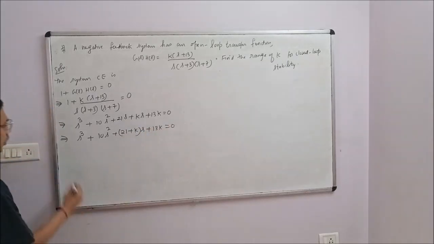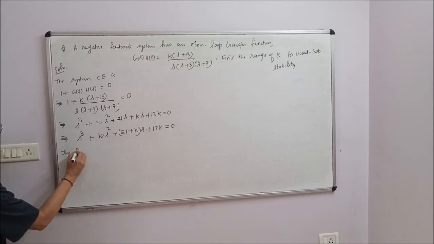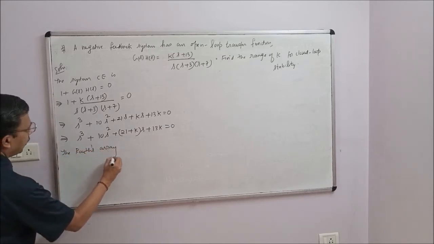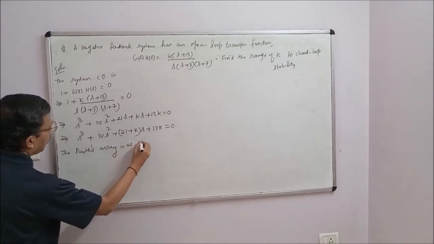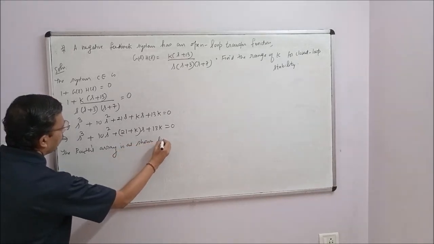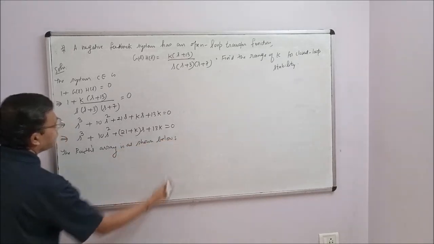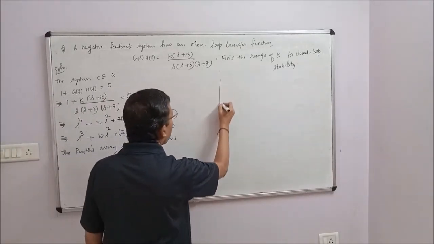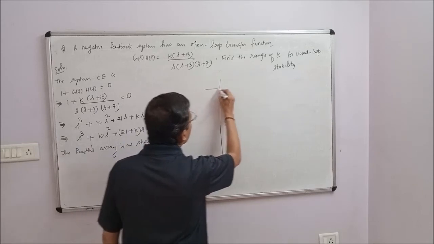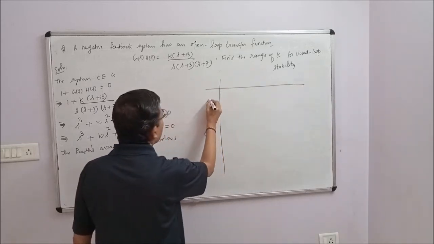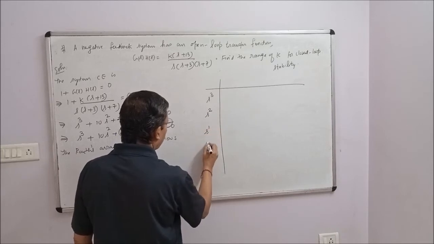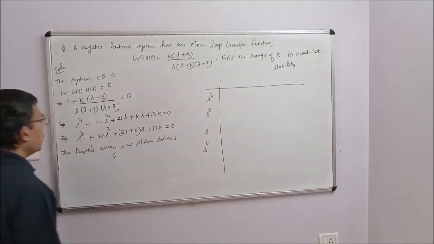The Routh array is as shown below: s cube, s square, s to the power 1, s to the power 0.